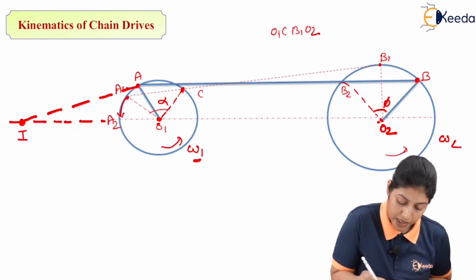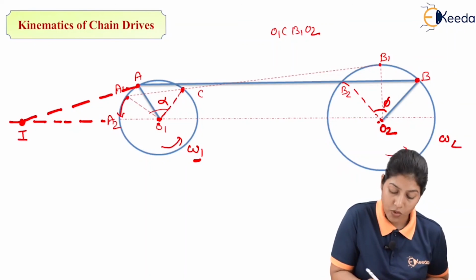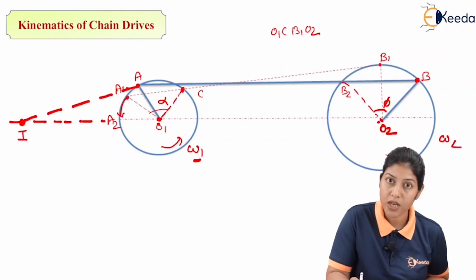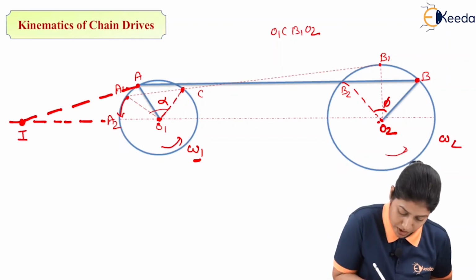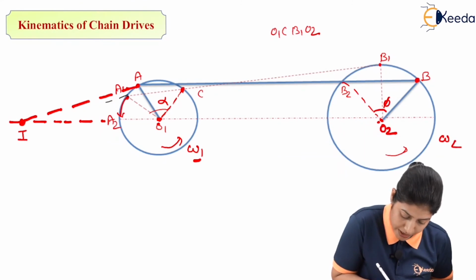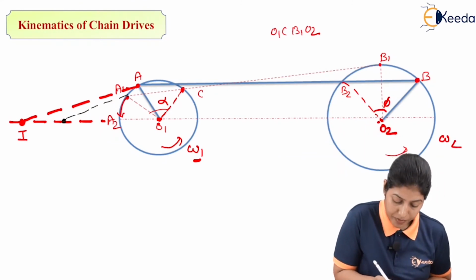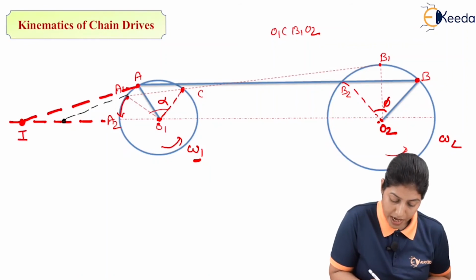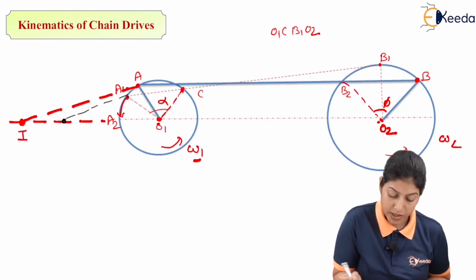So if we define the position of the instantaneous center for O1C and O2B1, as per the position, here we will extend these lines CB1. CB1 will extend, manually I am extending because of less space, and O1O2 will extend on both sides.